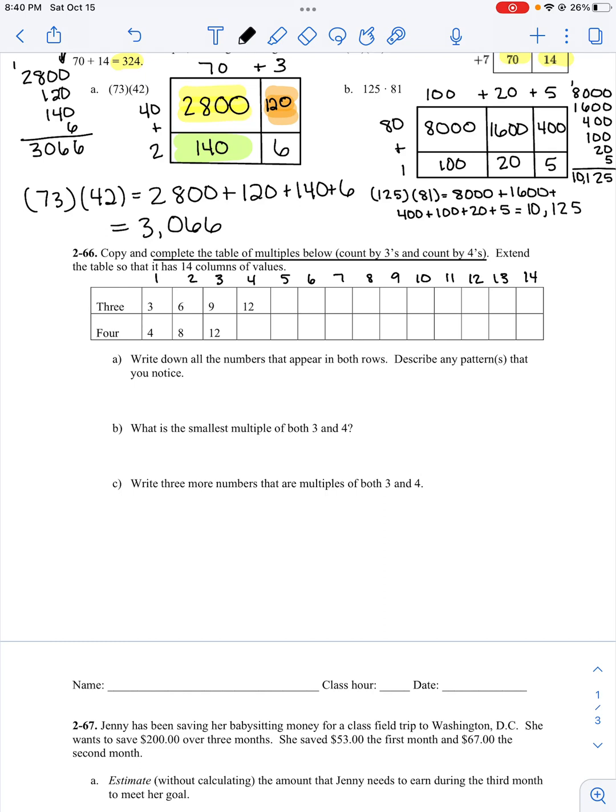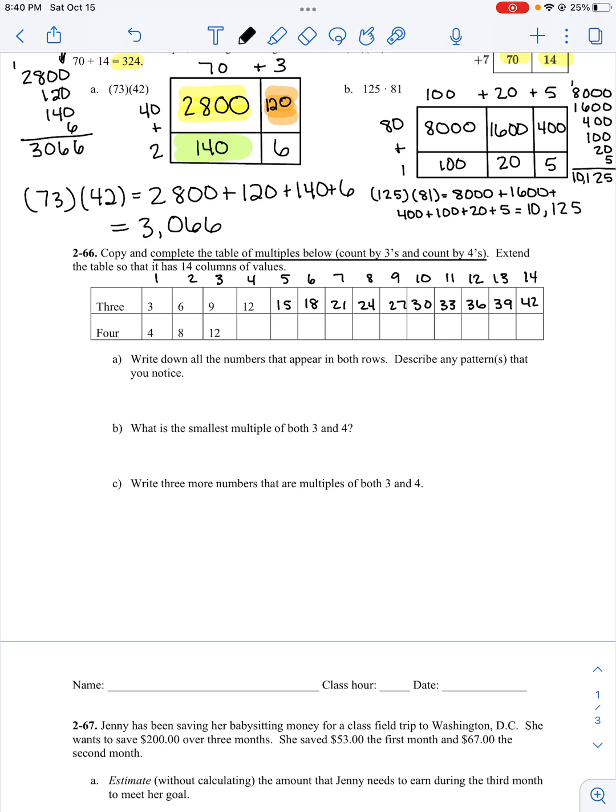So I'm going to fill in my 3s first. So 3 times 5 is 15, then 18, 21, 24, 27, 30, 33, 36, 39, 42.